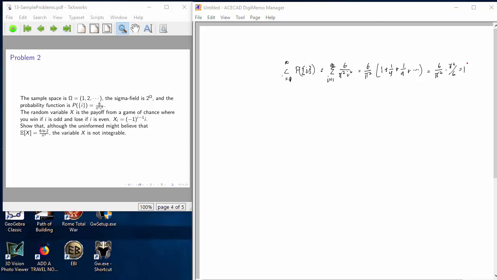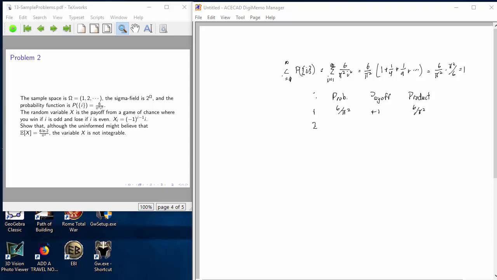Let's make a little table of them. When i equals 1, the probability of 1 is 6 over pi squared. The payoff for 1 is plus 1, and the product of the two is 6 over pi squared.